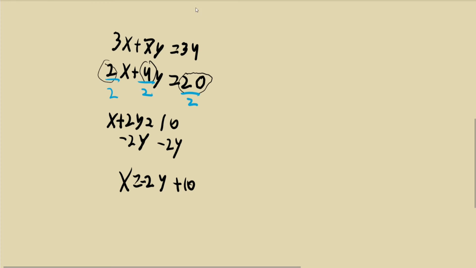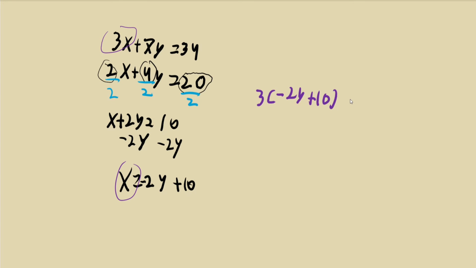Let me just get this other color. Remember, this x is the same as this x. So we can just do 3 times negative 2y plus 10, and then plus 7y is equal to 34.